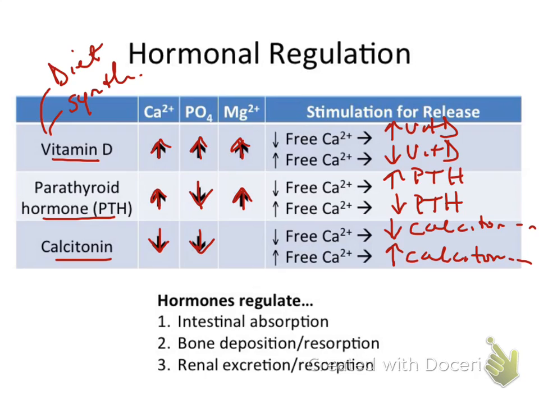These hormones control blood concentrations of calcium, phosphorus, and magnesium by influencing their intestinal absorption, their deposition or resorption from bone, and their renal excretion or resorption.